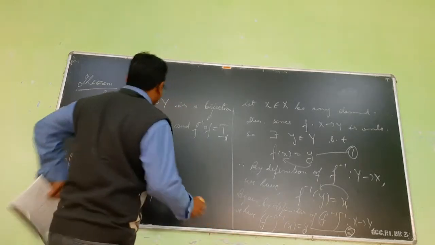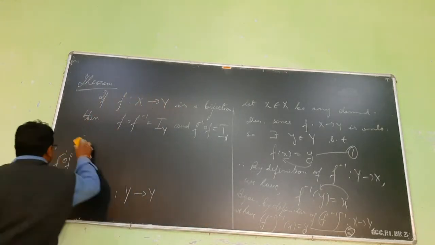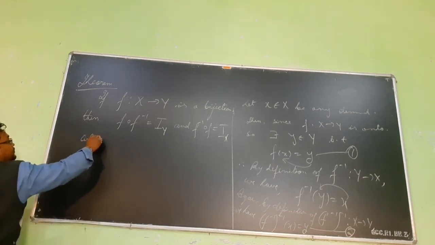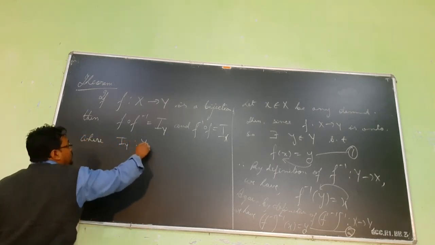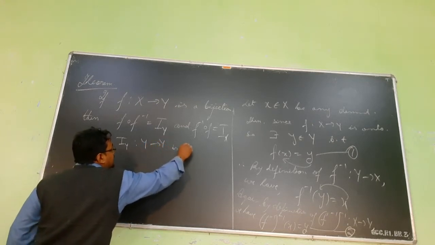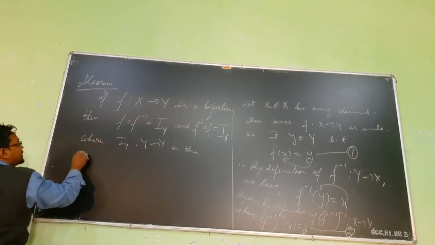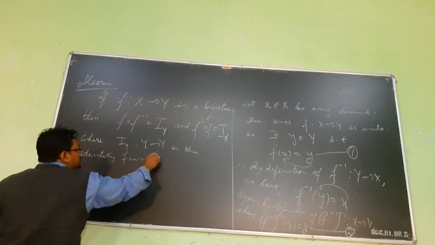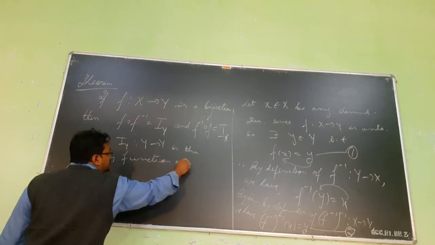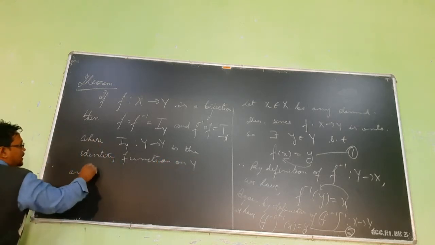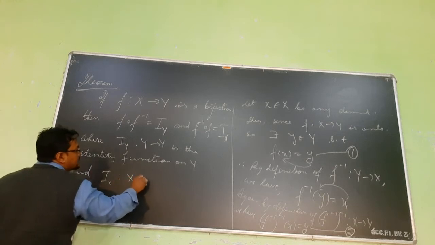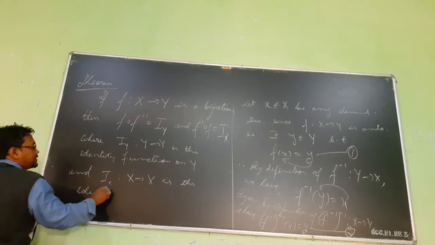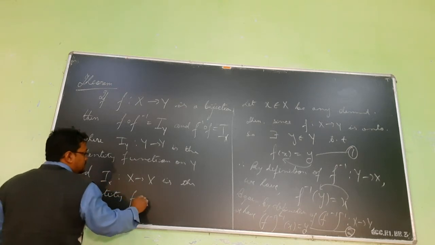Where i_y from y to y is the identity function on y, and i_x from x to x is the identity function on x.